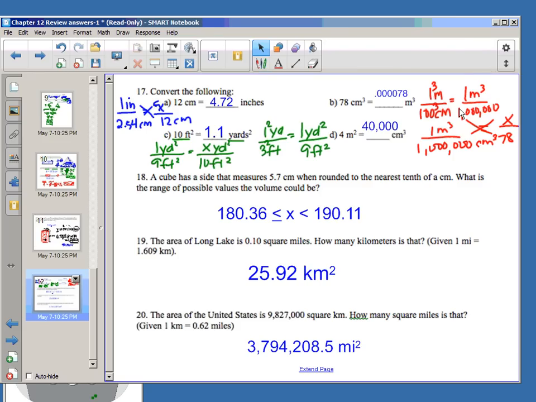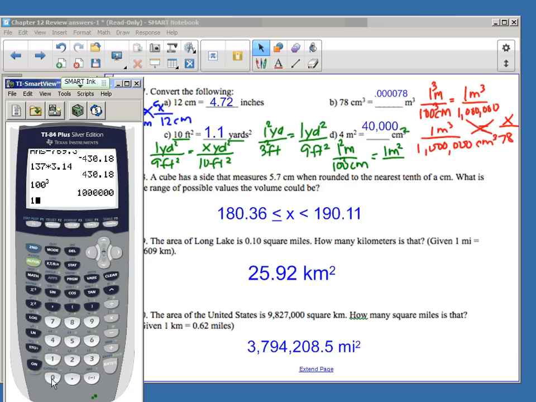The last one is a typo. This should be centimeters squared. So I'm going to say that there's 1 meter for 100 centimeters. In this case, I just need to square it. So 1 meter squared is equal to 10,000 centimeters squared.